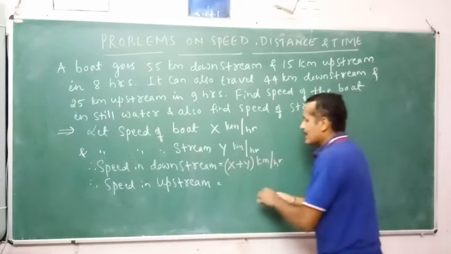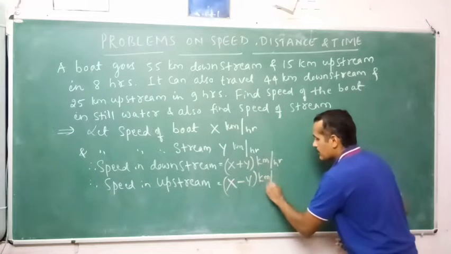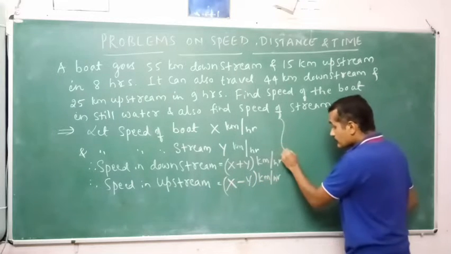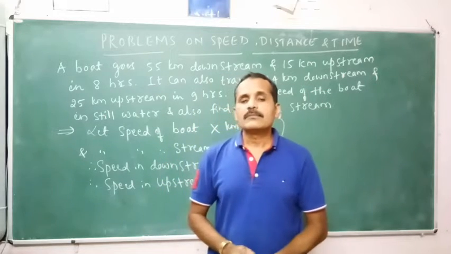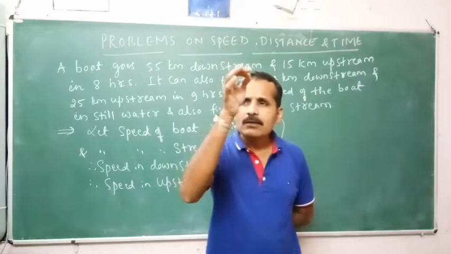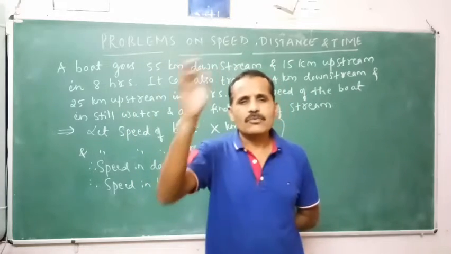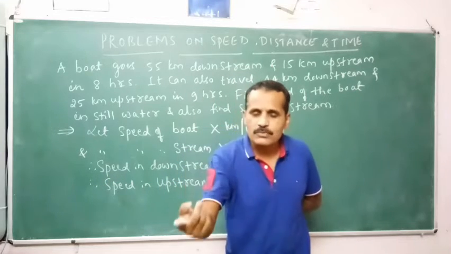So I can say it is x minus y km per hour. These are the 4 sentences you have to write. Very simple. Boat x, stream or water speed y. In the downstream, both are in the same direction, so x plus y.